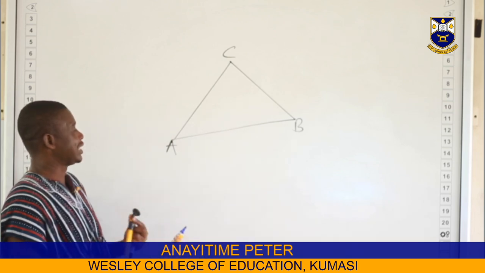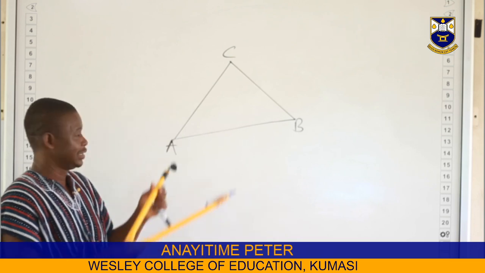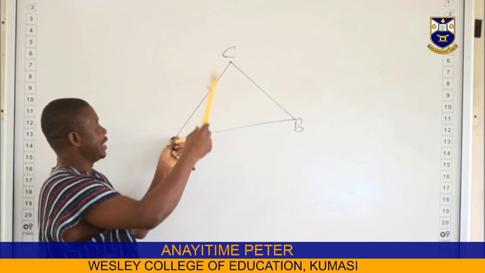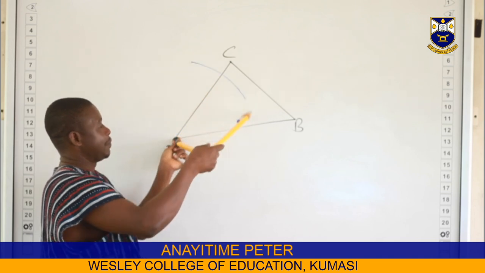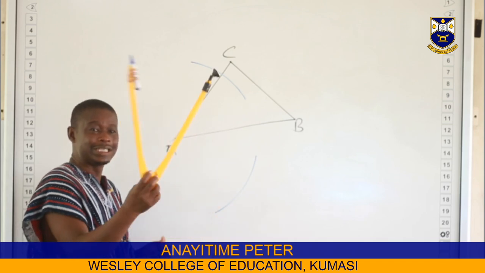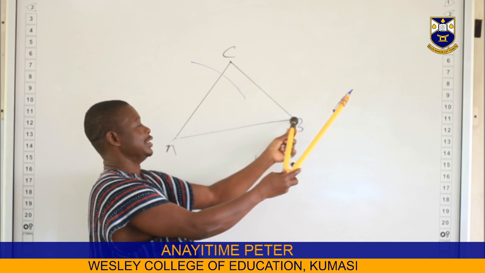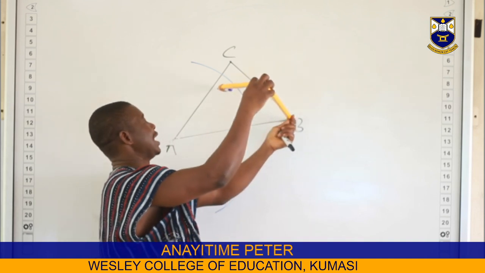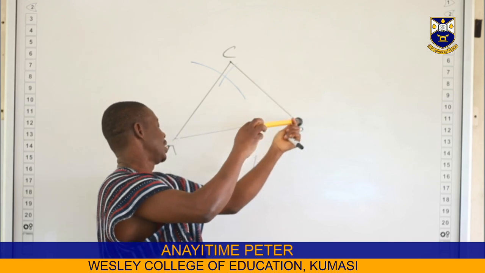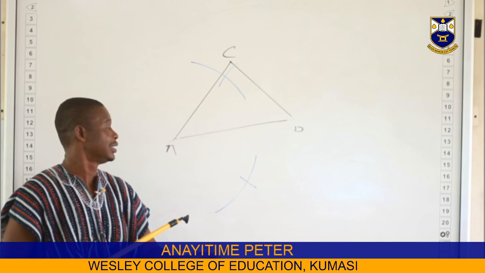So I'm going to bisect AB and let's say BC. This is more than half of the line. So I've described my arc up, and I describe another one down. With the same arm length of the compass, I'll put it at point B. Describe one arc to cut the top one, and then one down to cut the lower arc.